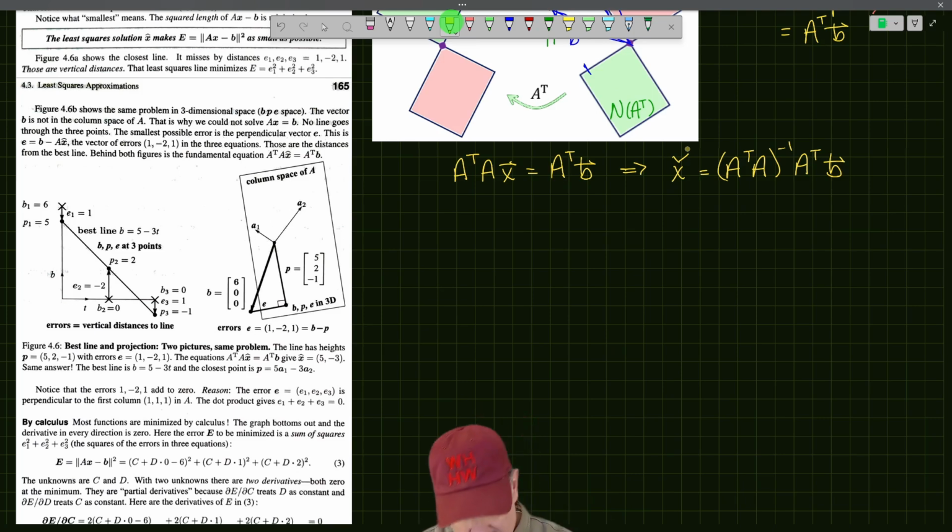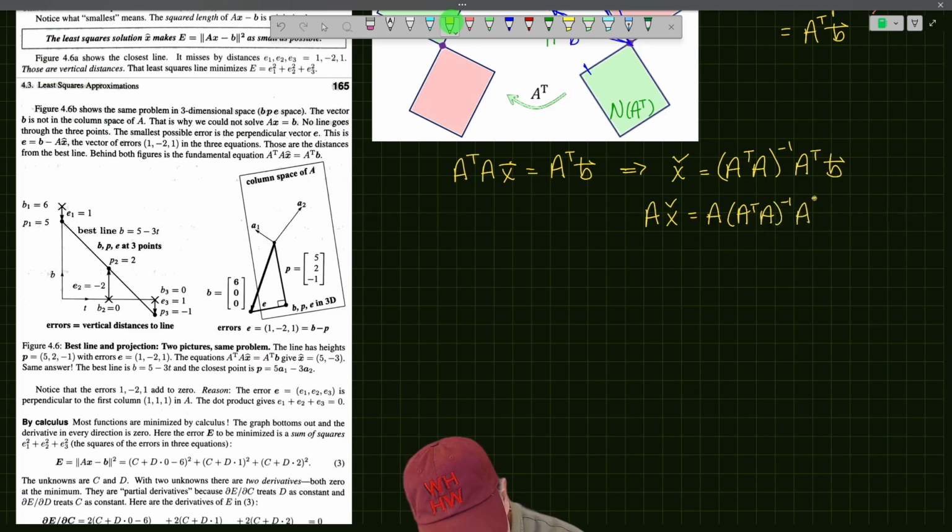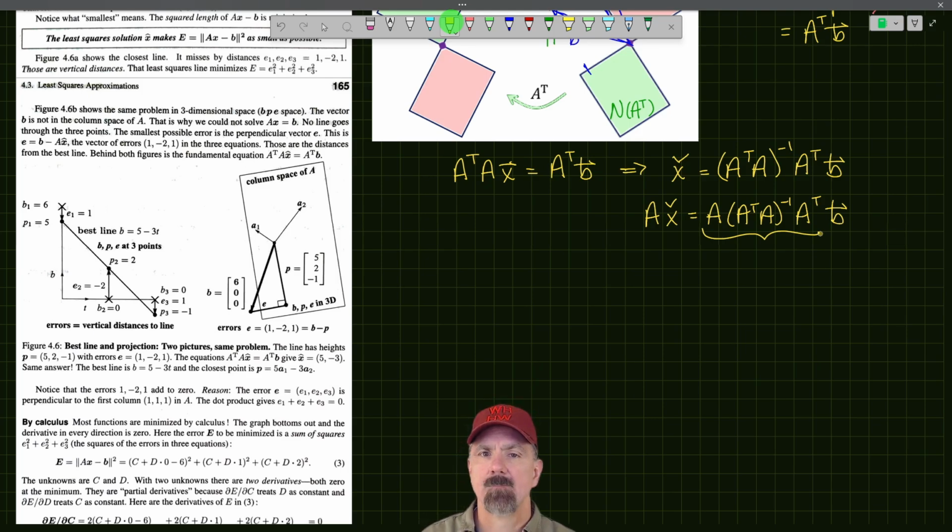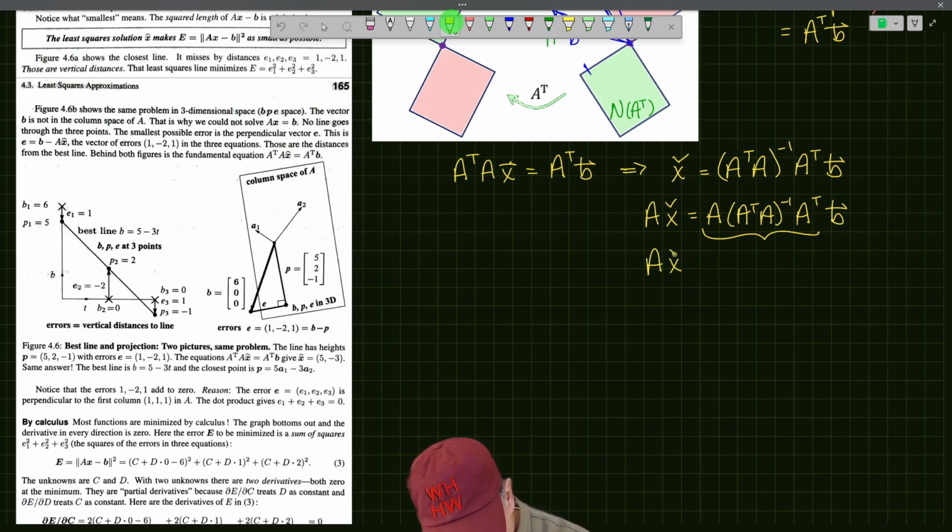Let me go with one more step. Let me left multiply by A. That's going to give me A transpose A inverse A transpose B. But the question is, what do you recognize that to be? That's the projection matrix onto the column space of A. So this is really AX, and then what is the projection?